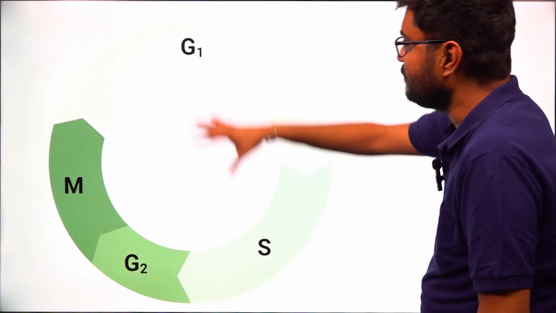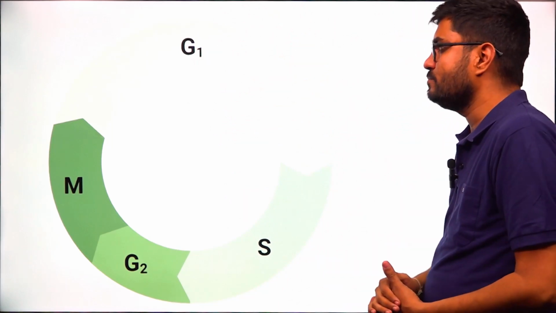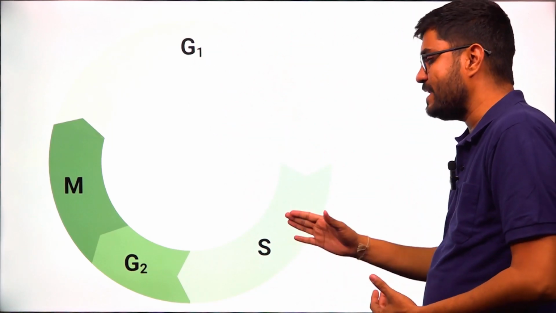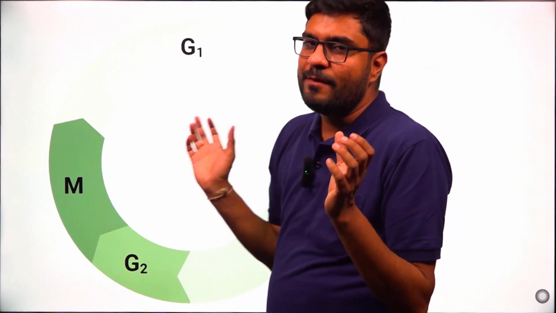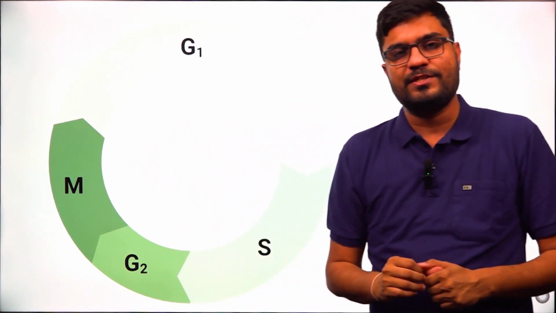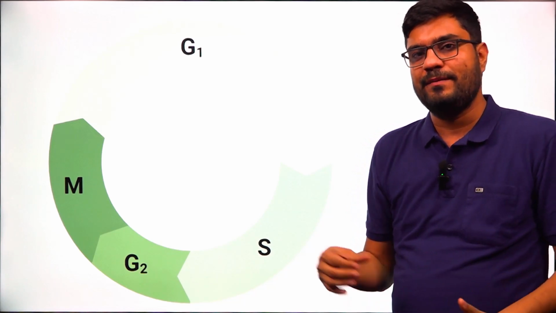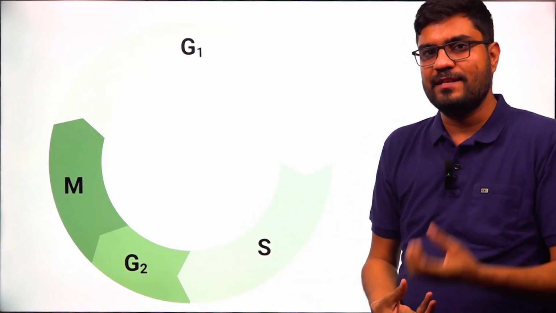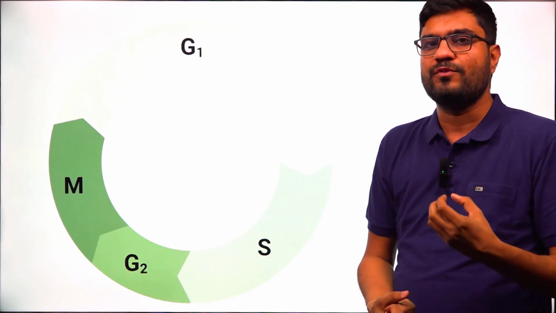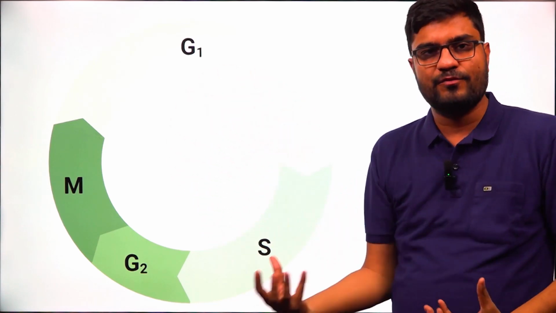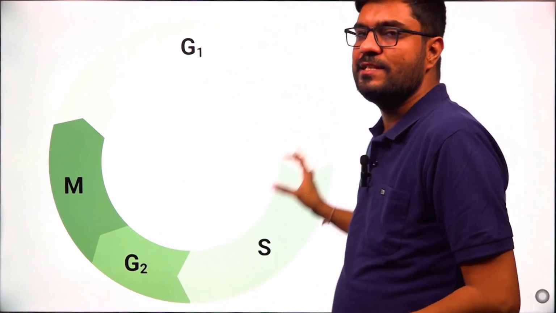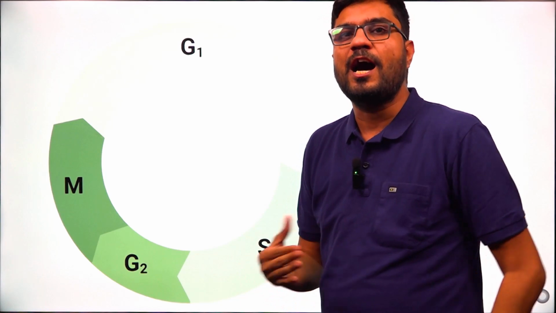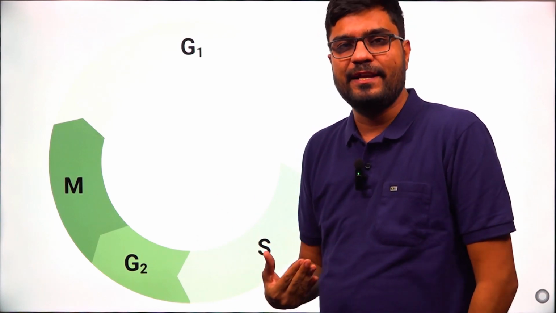So this is our cell cycle divided into phases of G1, S, G2 and M. So what kind of fundamental do I require to understand the flow cytometry based analysis of the cell cycle? The answer is very simple. I have to look at the cell cycle from the point of view of DNA content. It means in which phase of the cell cycle how much DNA is present.